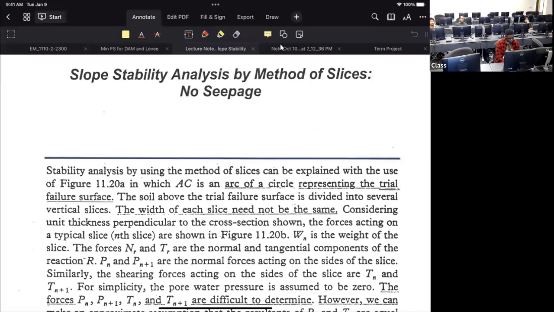But why doesn't it happen on a vertical wall, like a retaining wall? Don't they have the same problem? This is vertical, right?